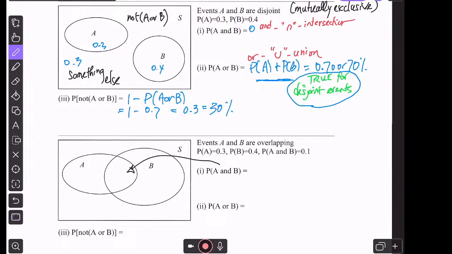So there is an event known as A and B. There's still, we could calculate A or B, but that's going to change as well because we have to take account of this overlap. And as far as not A or B, there's still a something else. So let's see. I'll give you a couple minutes to answer these questions, and then I'll ask you to give me the answers.